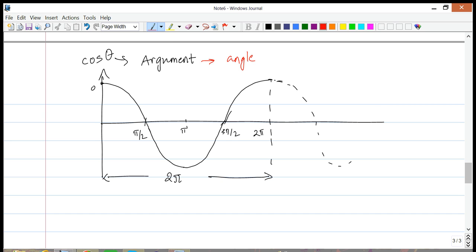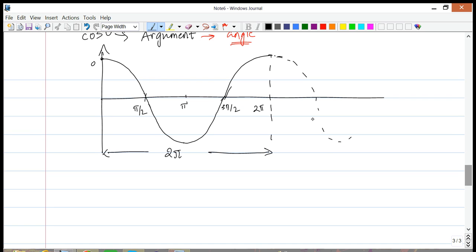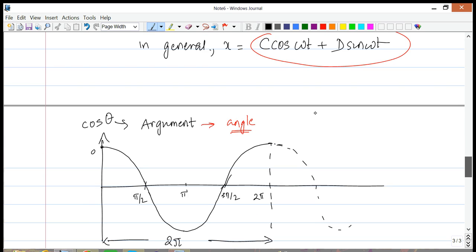So when we talk of a period for just the cosine function, without trying to get time involved, the period is going to be 2 pi. You can think of it as the angular period. The function will repeat itself after every 2 pi change in the argument of the cosine function.